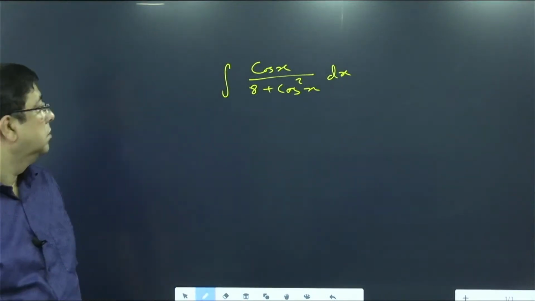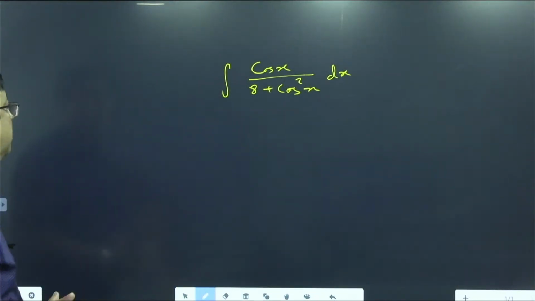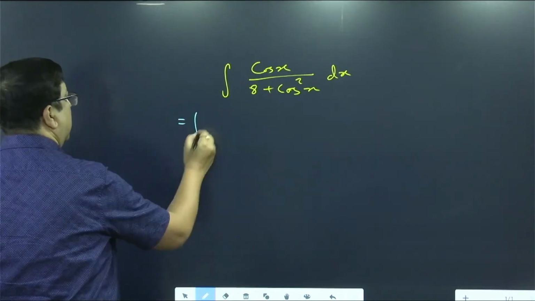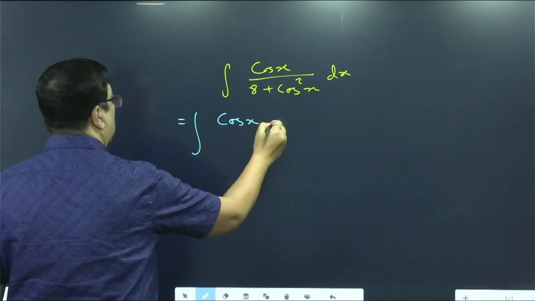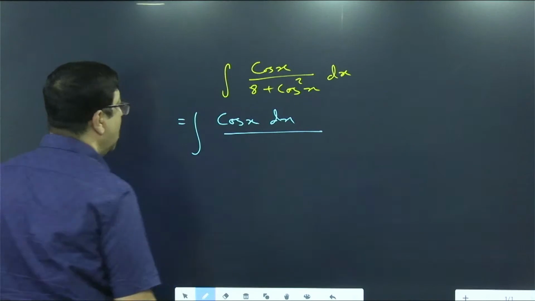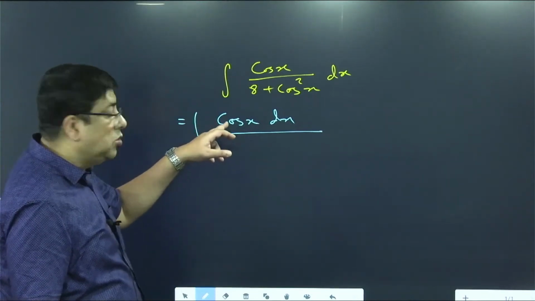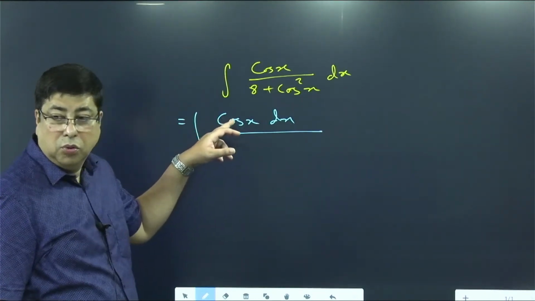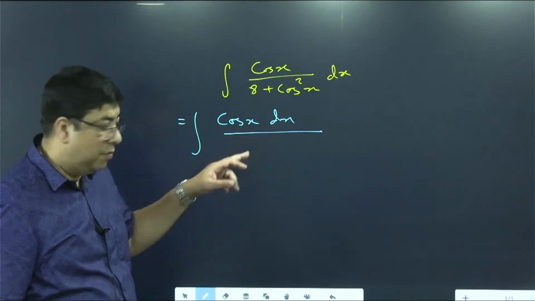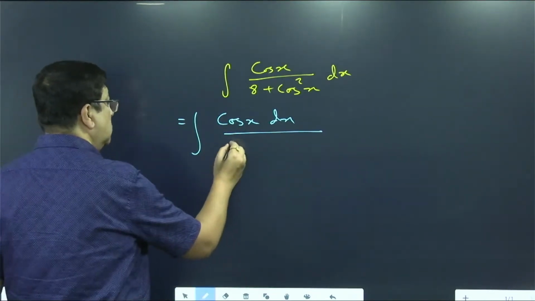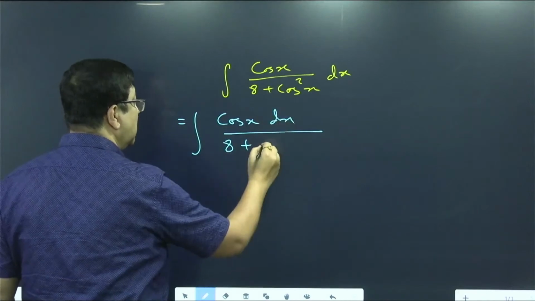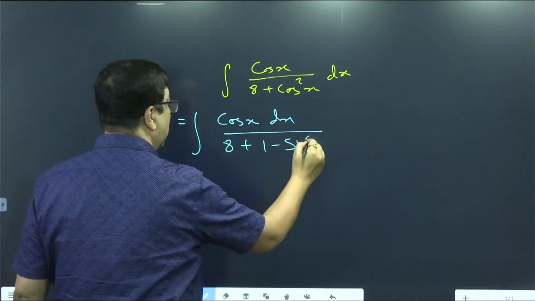Break cos square x as 1 minus sin square x. First of all, you have to see whose derivative is cos x. Whose derivative is cos x? Sin x. Minus plus will not be a problem. So we can present sin square x in the denominator.